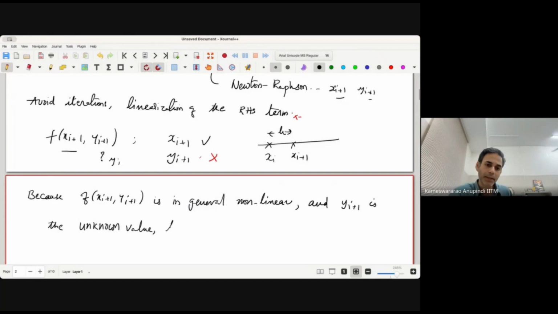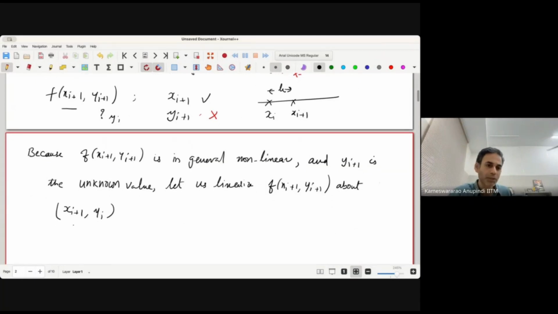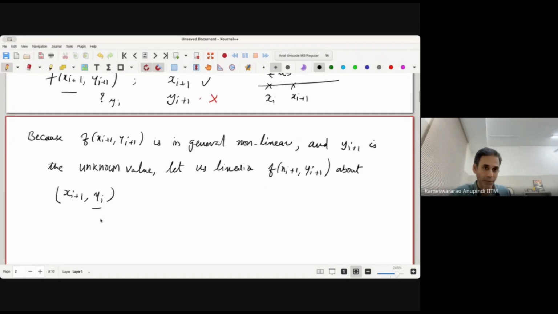Okay, let us linearize f of x_{i+1}, y_{i+1} about which point? About x_{i+1}, y_i. We wrote this because we already know x_{i+1}; it is just the next grid point value. The only thing is that we don't know y_{i+1}. That's why we are linearizing about y_i.